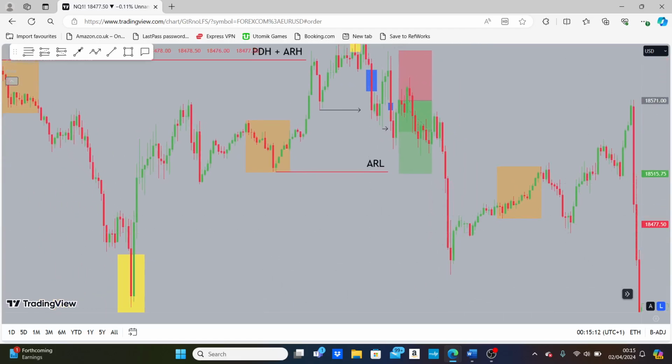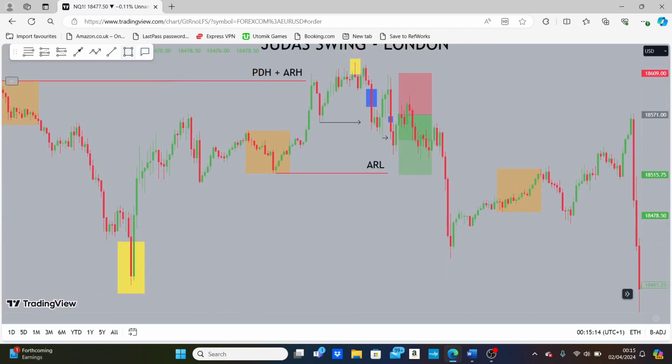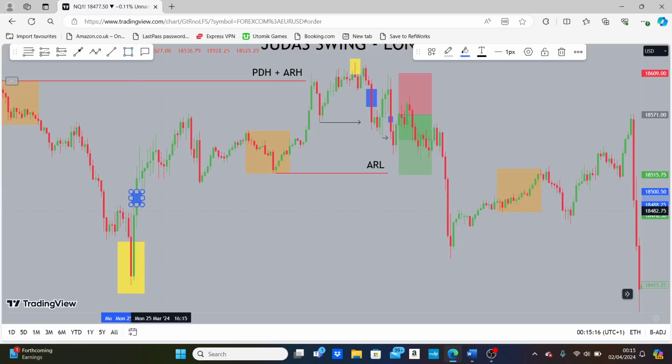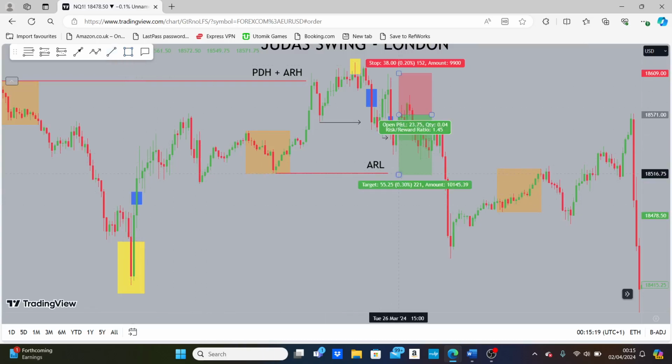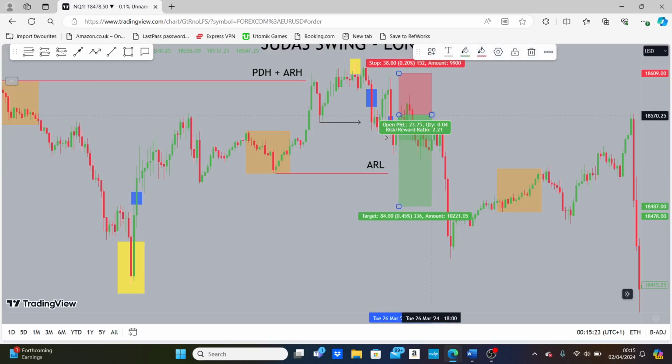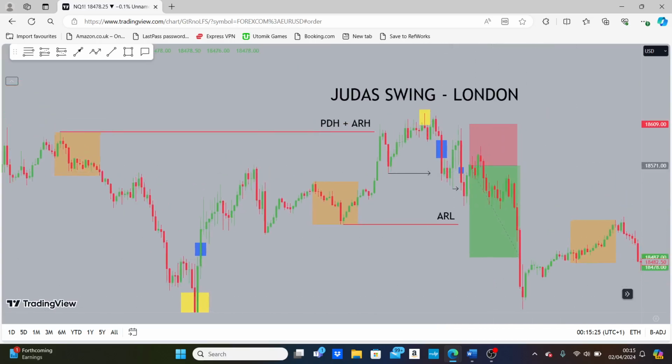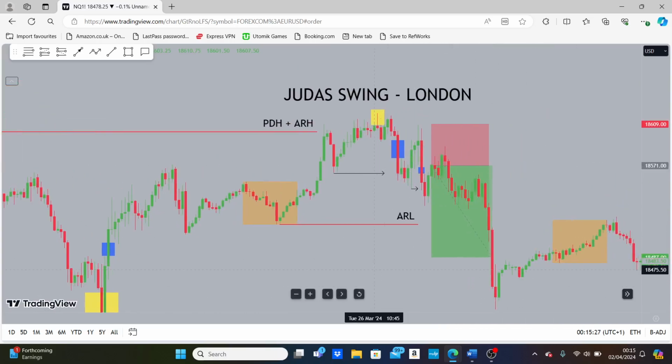As you can see, we have a fair value gap over here, an inefficiency just over here to the left. This inefficiency also needs filling, right? So price eventually did come down to the inefficiency, giving a 1 to 2 or a 1 to 2.5, right? So it's understanding that liquidity, fair value gaps, and timing all pair together to make an A plus entry on NASDAQ in this case, or in any other market that you choose to trade, right?